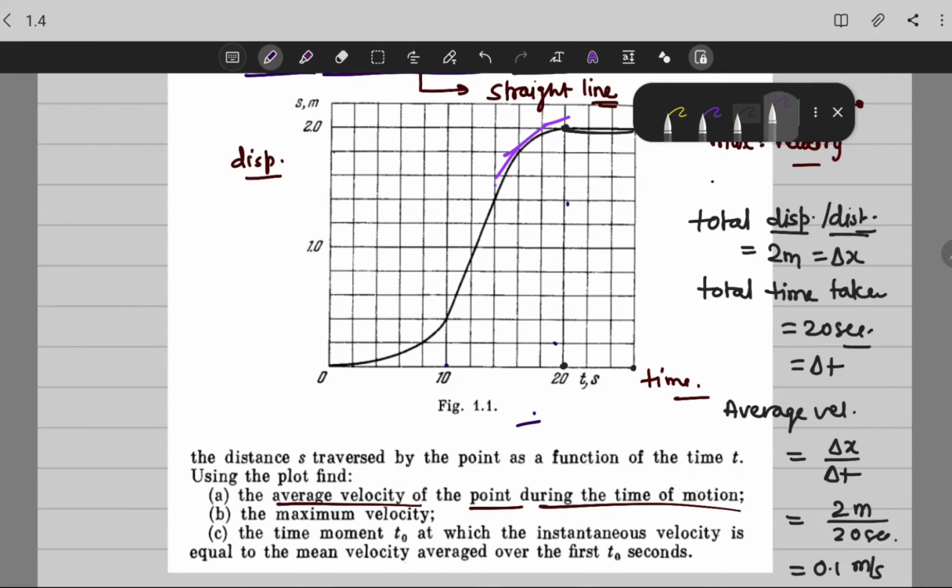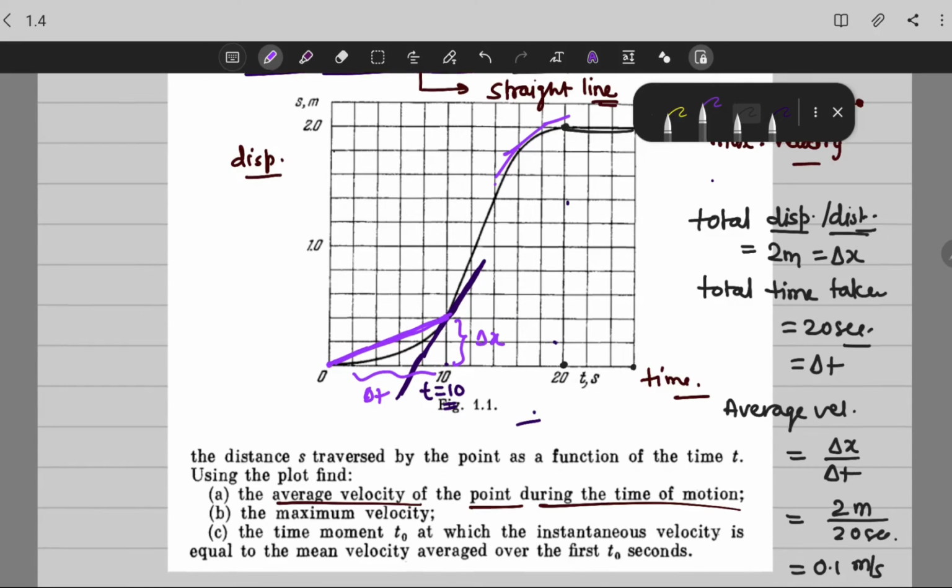So the question is saying that, for example, let us say this particular time instant t is equal to 10. At this time instant, what is the instantaneous velocity? This is the instantaneous velocity if we find the slope of this particular line. And what is the average velocity? For average velocity between 0 to 10, we can draw a line between these two points, then find delta x and delta t, and find the slope of this line.